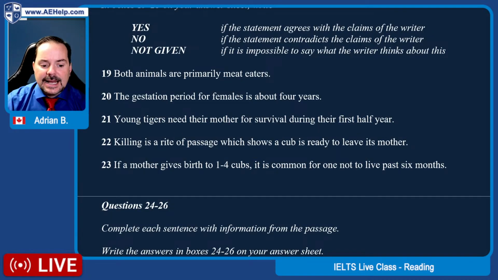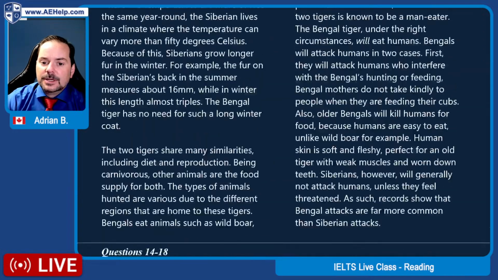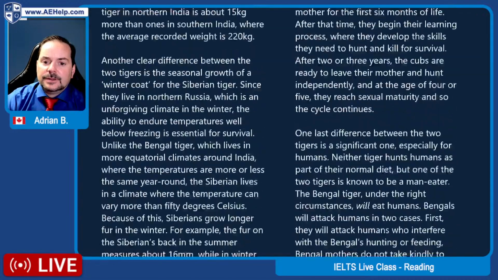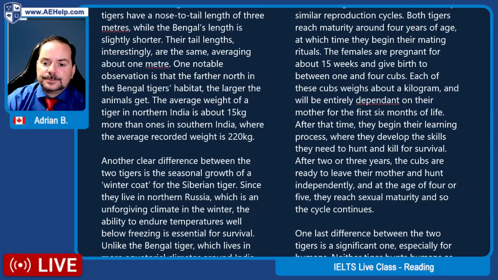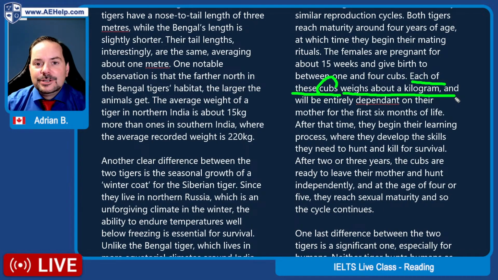If we go to the passage, again, we're on this question here: young tigers need their mother for survival, right? This is coming from near the end. Right here: each of these cubs, a cub is the baby tiger, weighs about 1 kilogram. Just imagine 1 kilogram.